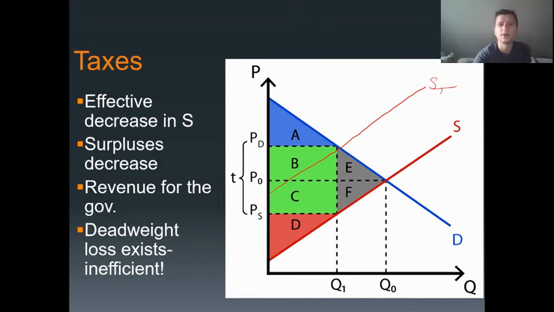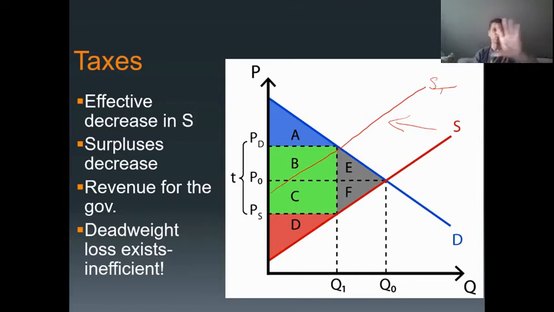You have your first one here and the second one to the left, a negative shift of supply. So what this really does is it creates certain amounts of inefficiency. As your surpluses, both consumer and producer, both decrease, you create deadweight loss and you create revenue for the government. That's where those surpluses go.